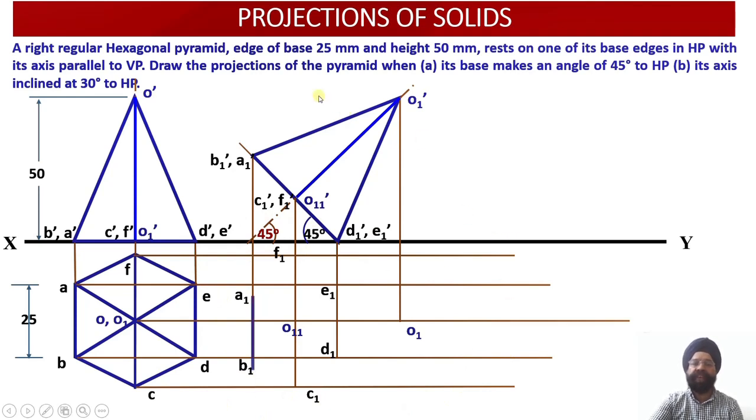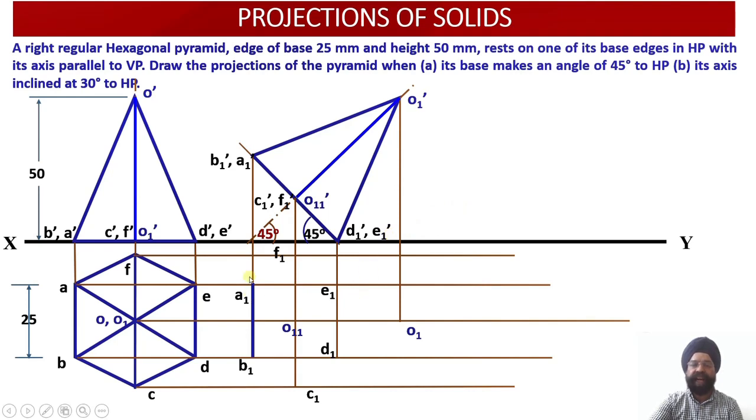Now since we are looking from the top, whichever points lie farthest away from the observer and closest to this reference line XY, these are D1 dash and E1 dash. So all the edges or the lines joining D1 dash and E1 dash will be drawn dotted, unless they are part of the outer boundary of the object.